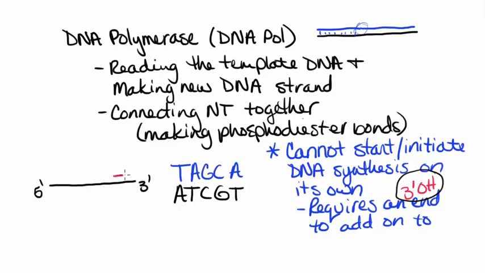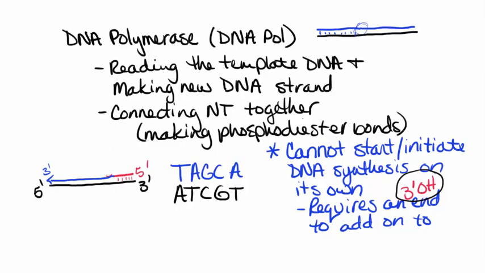So if we had this kind of starting point that had already been added on here, and if it was anti-parallel to the template as we see it here, then DNA polymerase will be able to recognize this 3' end and it will extend that. So in that case, this would become my new 3' DNA end.